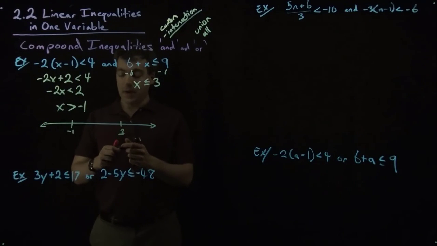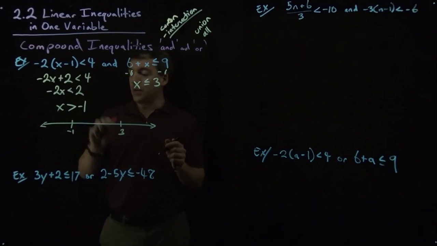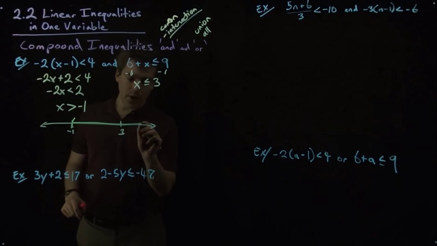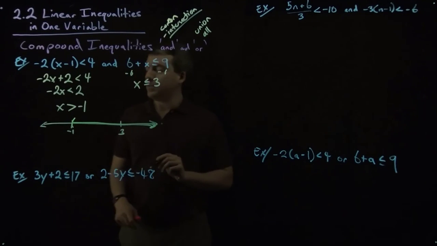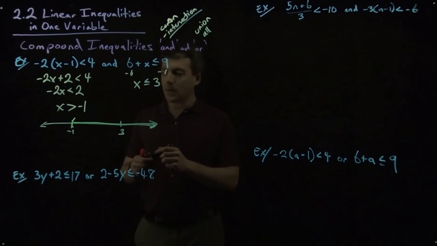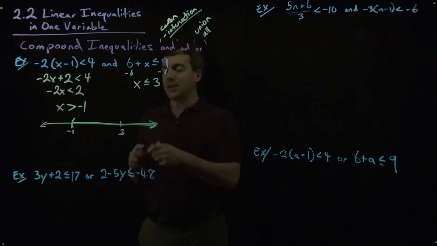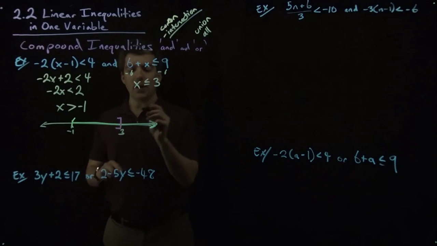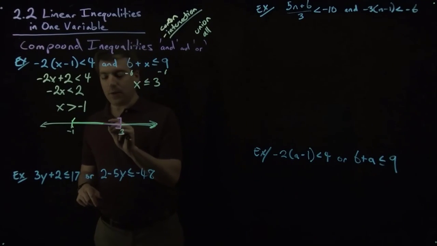Let's start with x greater than negative 1. We'll put a parenthesis here, and then shade greater than negative 1. And then we have x is less than or equal to 3, so we want a bracket here, and then shade less than or equal to 3.